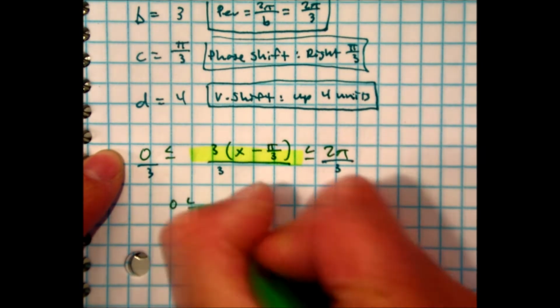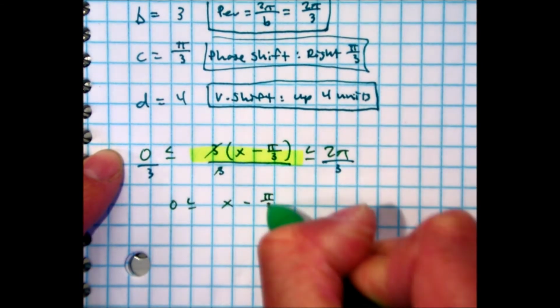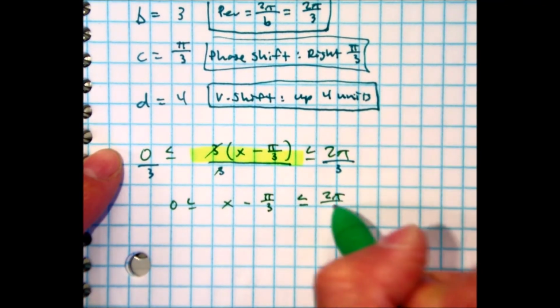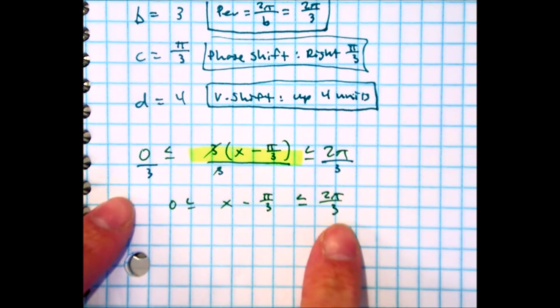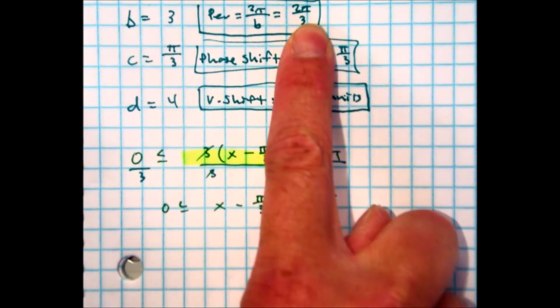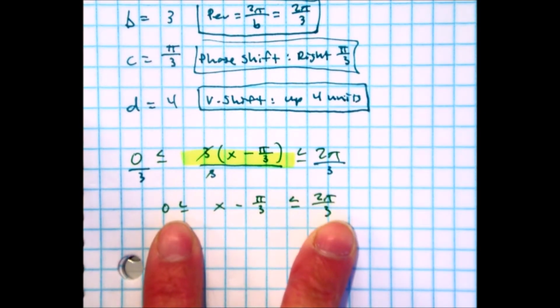I get 0 is less than or equal to x minus pi over 3, less than or equal to 2 pi over 3. Do you see how that's the period? Do you see that there? That's the whole length.